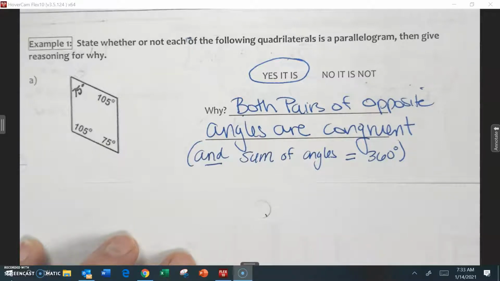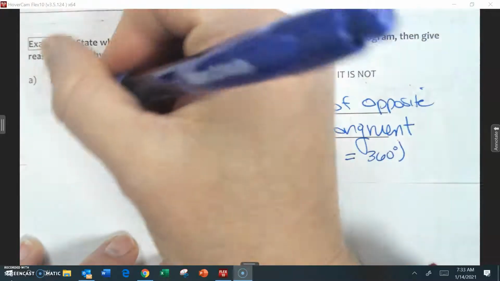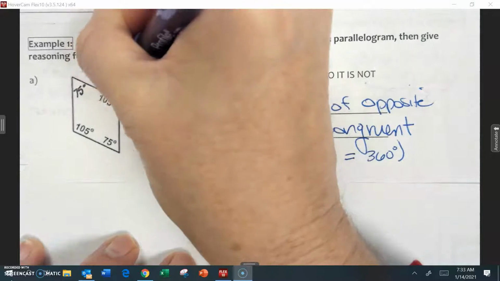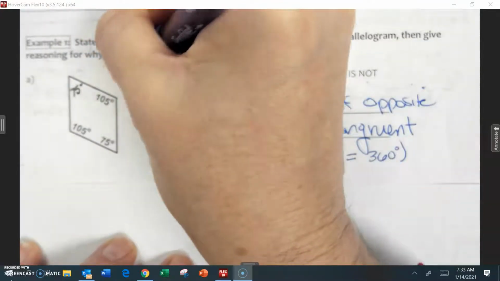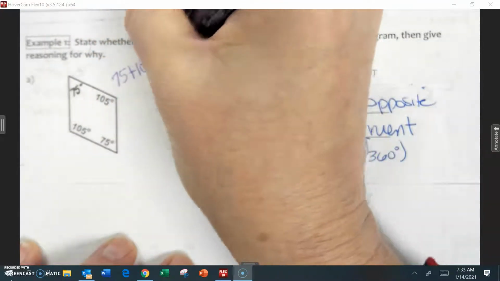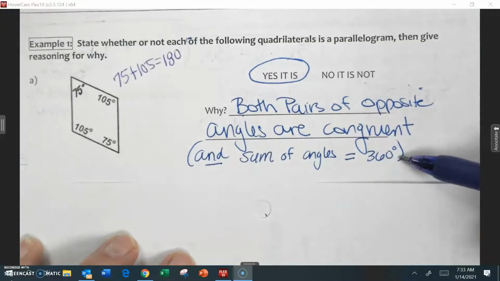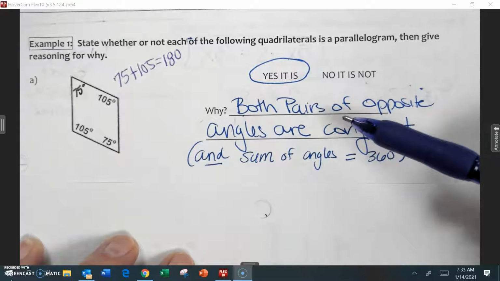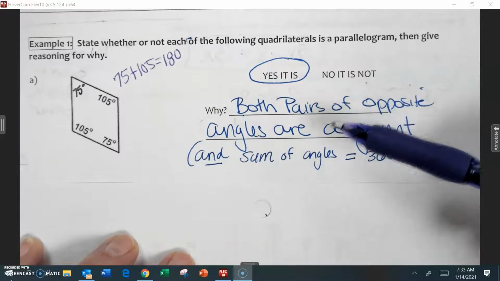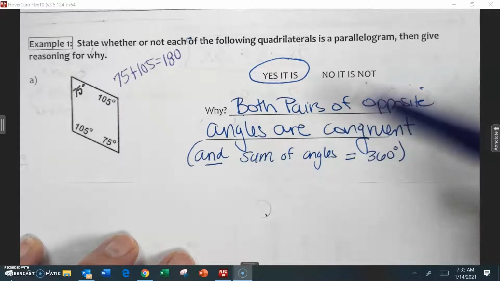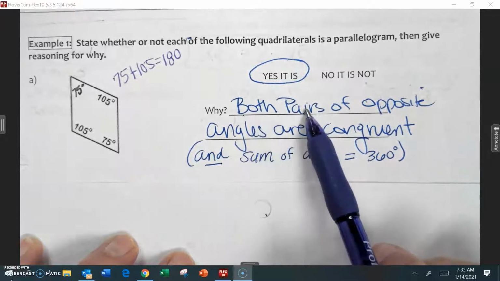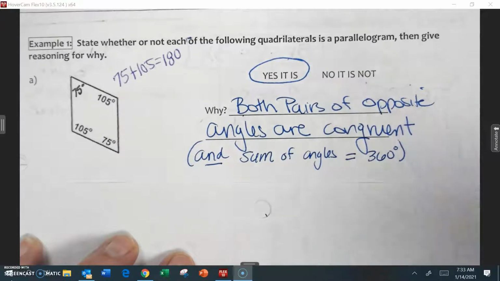You have to be careful because just because they're marked. So I made sure that 75 plus 105, is that truly going to give me 360 all the way around? Yes. So therefore, one of the ways that I can prove that this is a parallelogram from up above is that both pairs of opposite angles are congruent.